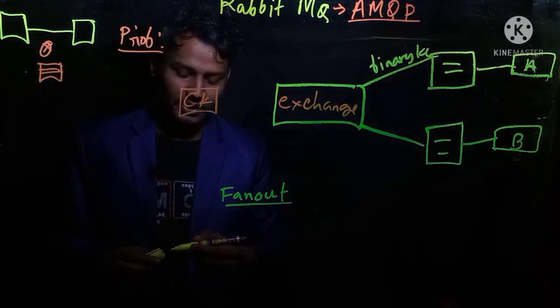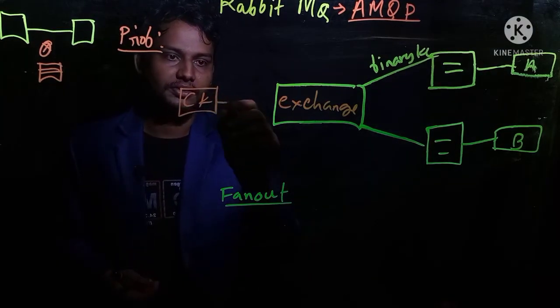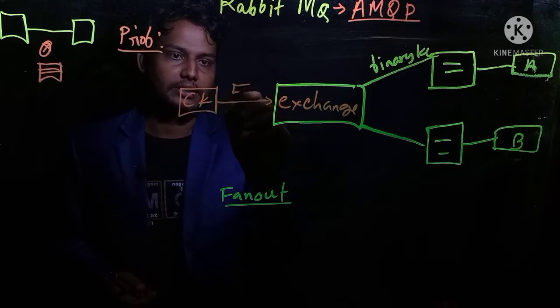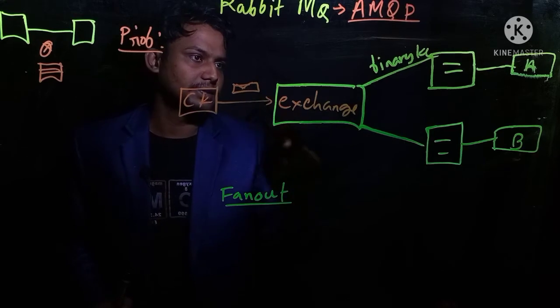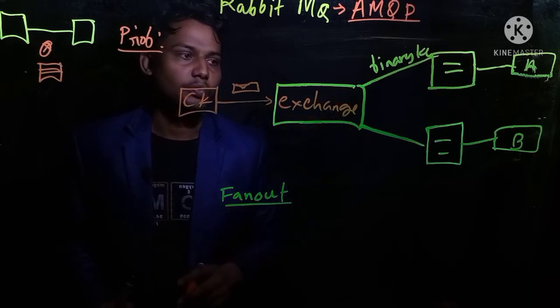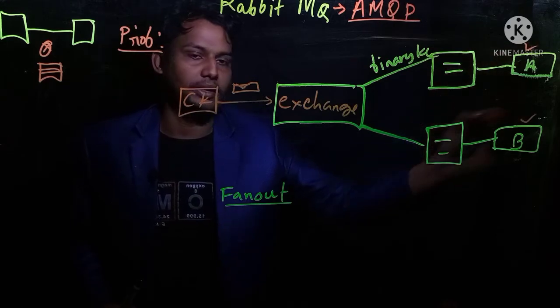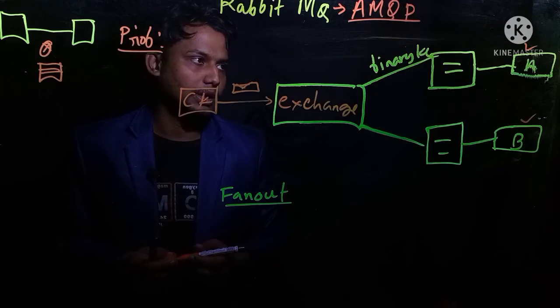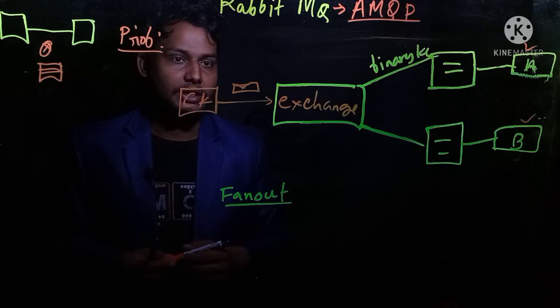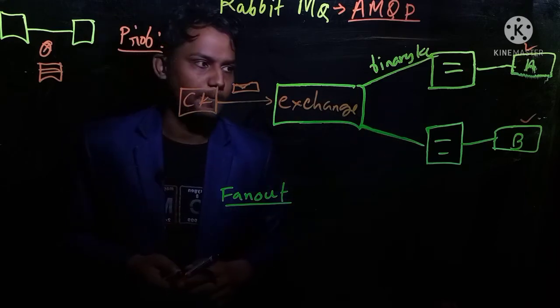In this way, our checkout service sends a message, and this message is provided to every service. So if we have multiple services, this message is served to every one of the services.